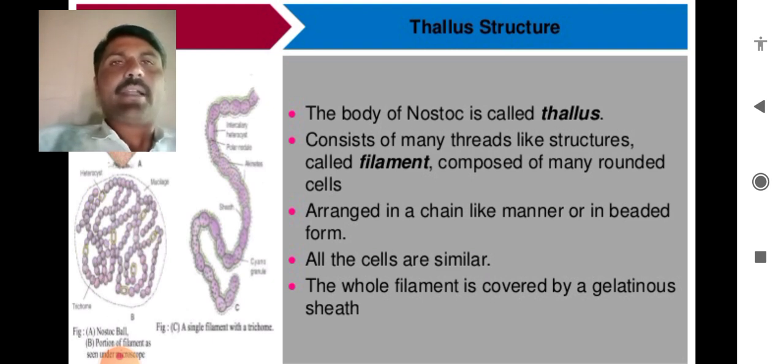A single thread or a filament of a Nostoc isolated from the colony is covered with a gelatinous sheath. The word gelatinous means it is sticky in nature and waxy in appearance.